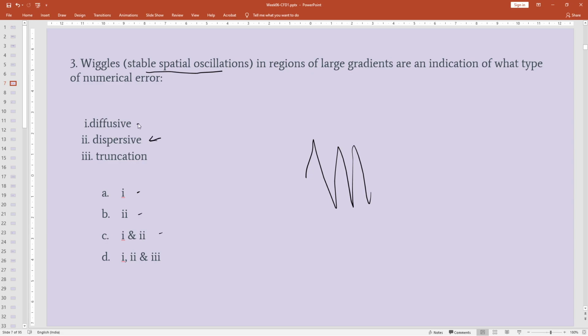Whereas diffusive errors are errors where, suppose there's a step function, the scheme won't be able to capture the sharp corners, that is, the sharp gradient features. Such errors are called numerical diffusion.